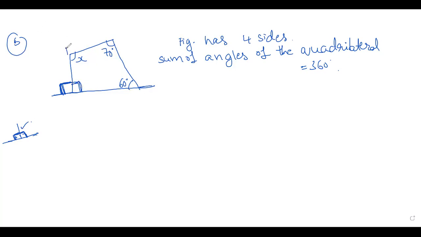You can write it as P, Q, R, S. Okay, sum of angles: angle P plus angle Q plus angle R plus angle S is equal to 360.